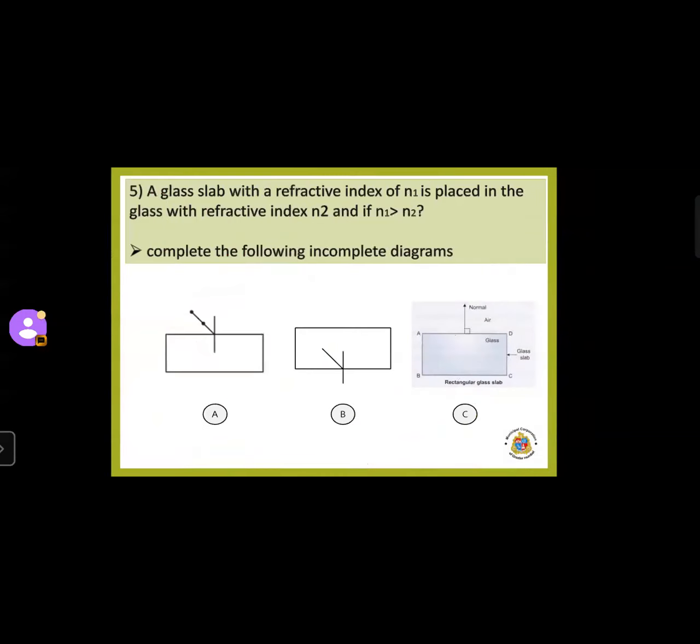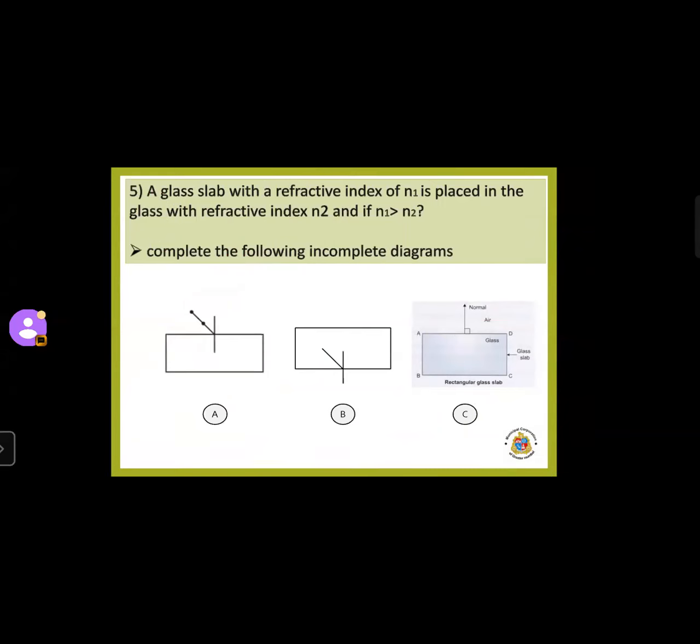Now, what is the next question? A glass slab with refractive index N1 is placed in a glass slab with refractive index N2, and if N1 is greater than N2, complete the following diagram.